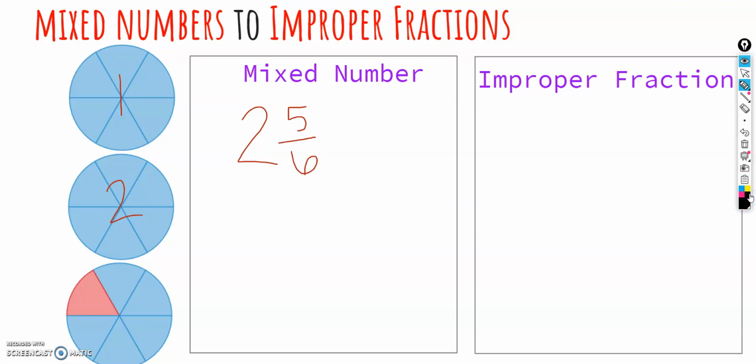So what we're doing is 6 times 2. So we're taking this number times the 2. So 6 times 2, you get 12. You can write that if you want to. And then you're going to add this last portion down here.